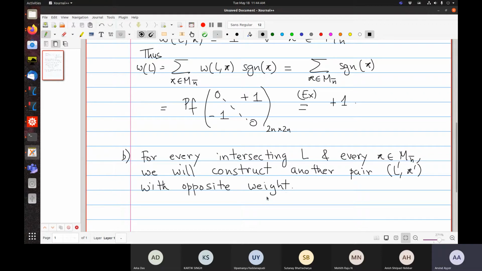Okay, so this will give a sign reversing involution, which will cancel all this stuff. So this was the idea of the proof of the LGV lemma, and that's what we're going to do here.